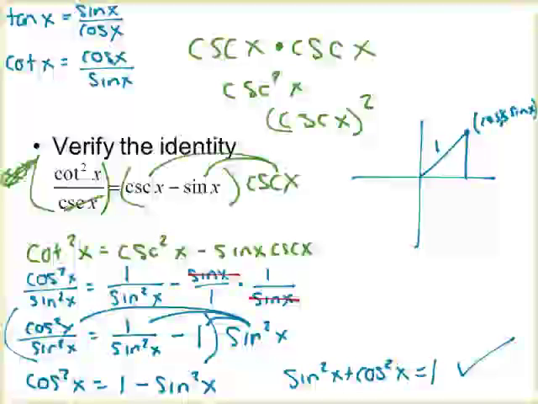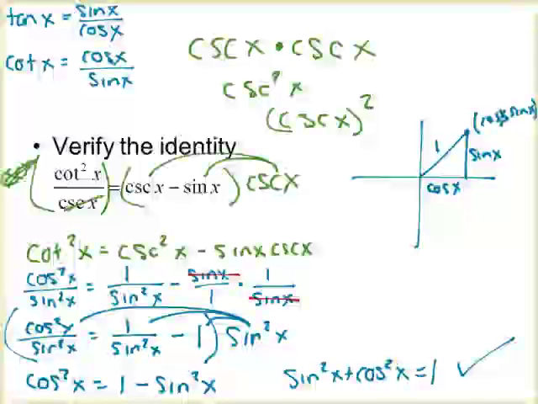So y would be sine and x would be cosine. If we do the Pythagorean theorem on that, we get sine squared plus cosine squared equals 1, which is that first Pythagorean identity. And all the other Pythagorean identities come from this one.